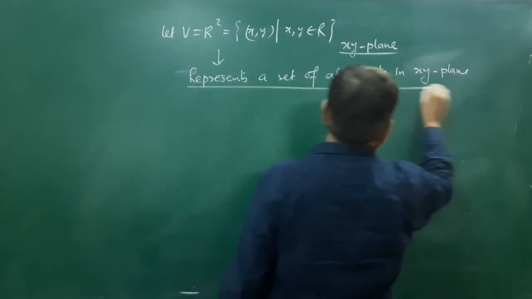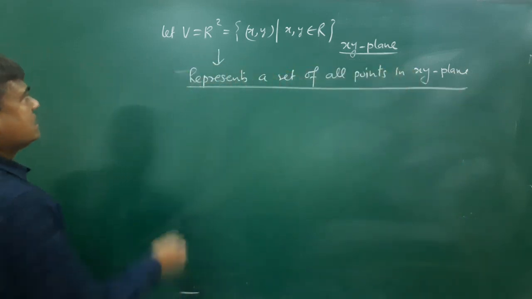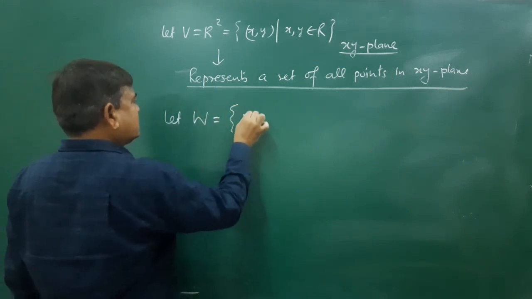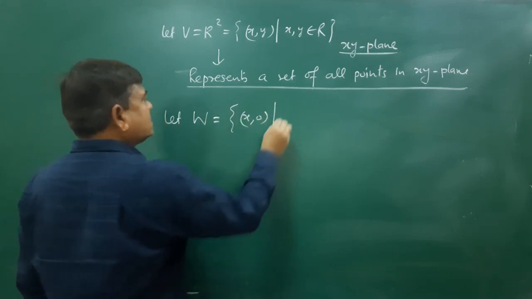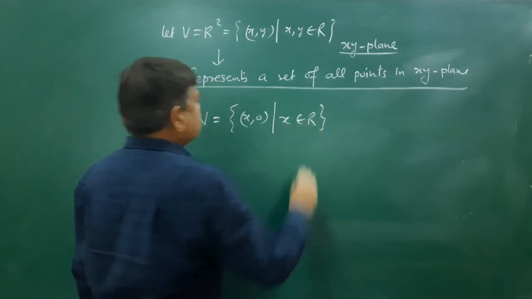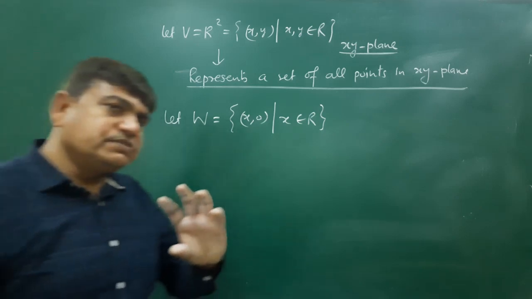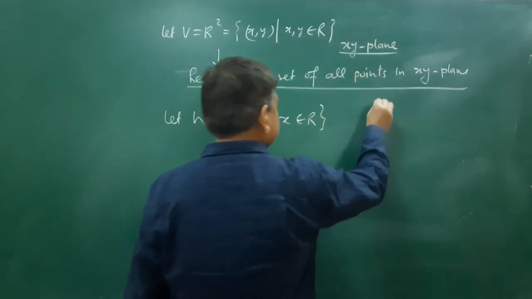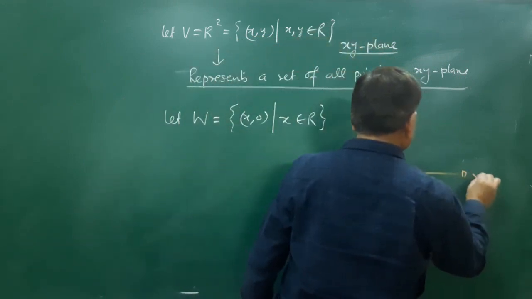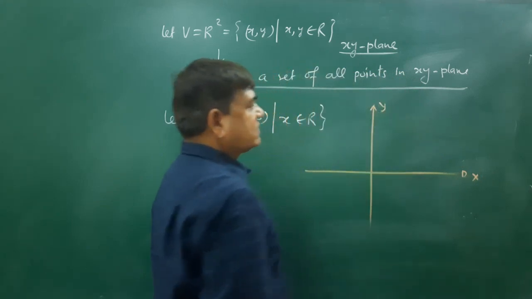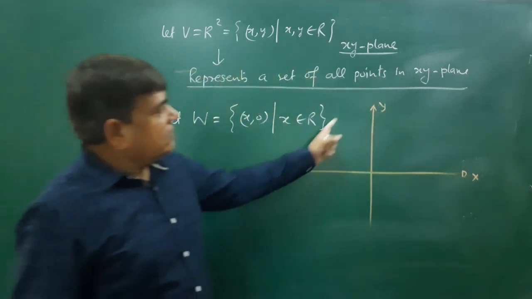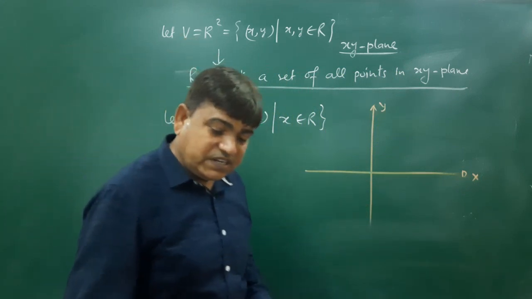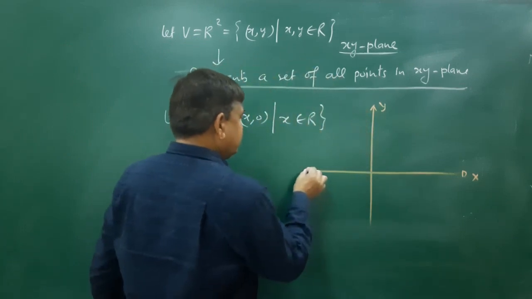Okay, W equals the set of (x, 0). I hope you can answer immediately. The complete xy plane is represented by V, and W, that is (x, 0), has y coordinate 0. That means it is the x-axis, and we know that.